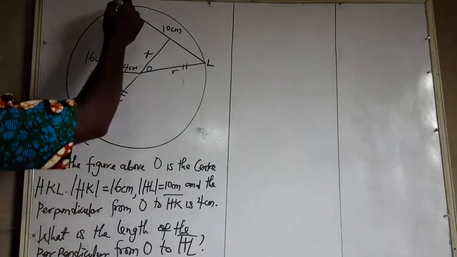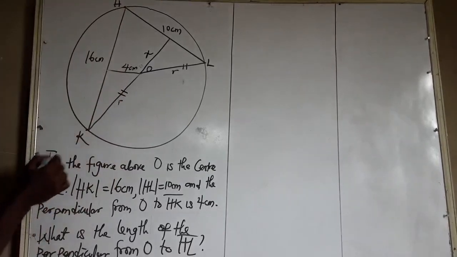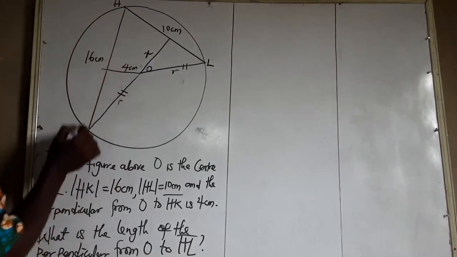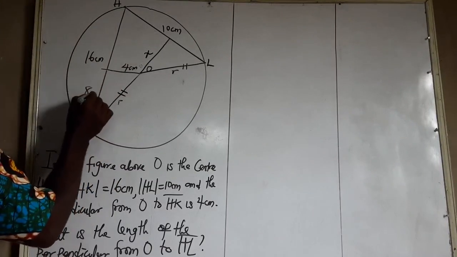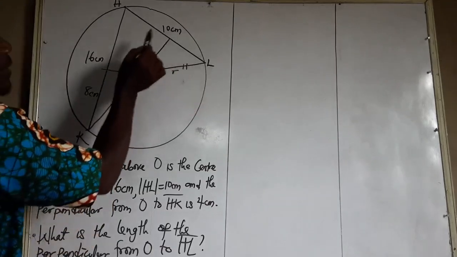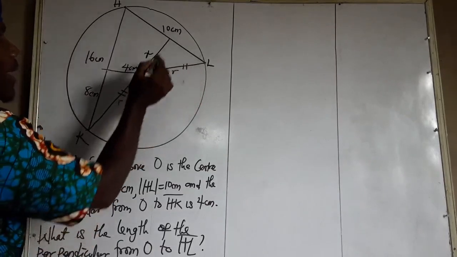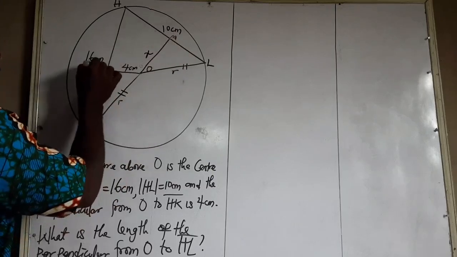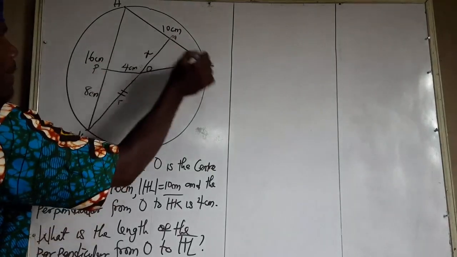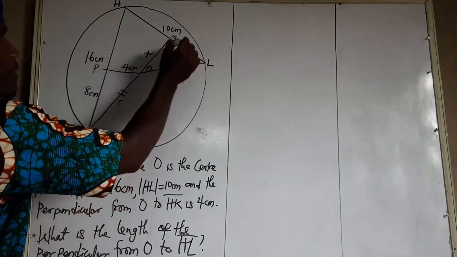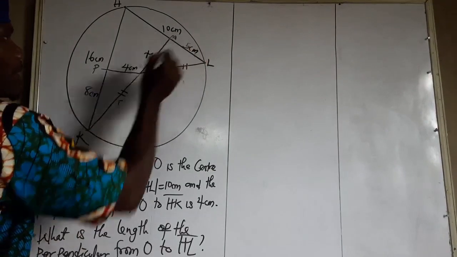So if HK is 16, then half of it gives us 8 centimeters. And HL is 10 centimeters, so let's call here M, and here P. From ML, we have 5 centimeters.